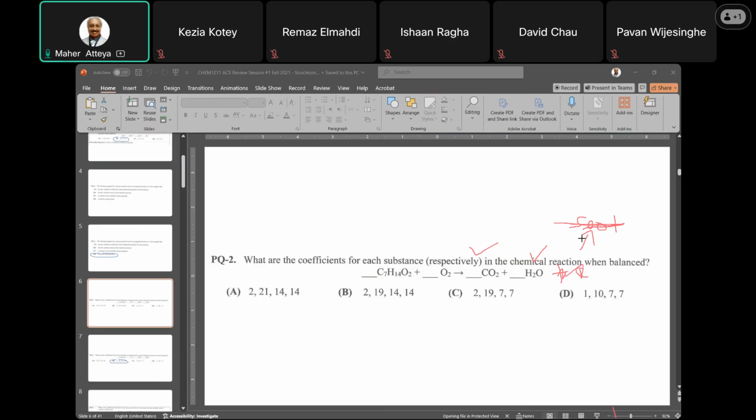Combustion is the only reaction type with such high ratios. All the other types are very simple.